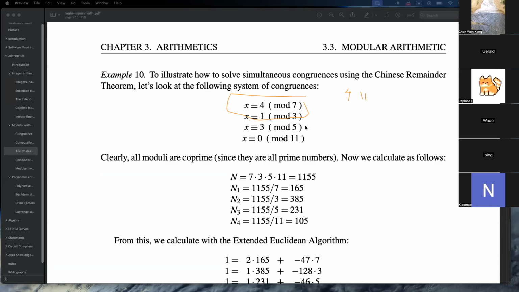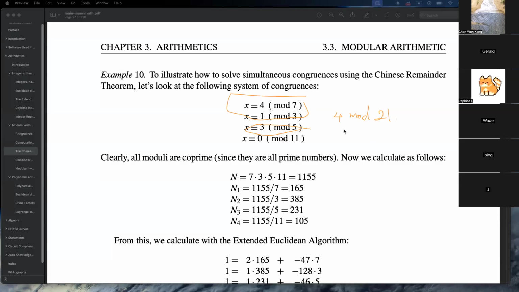Interestingly enough, 4 is 4 mod 7 and also 1 mod 3 in this case. 4 mod 3 is 1, right? So that satisfies these two. We'll also usually combine this, because 4 mod 7 and 1 mod 3 is equivalent to 4 mod 21.